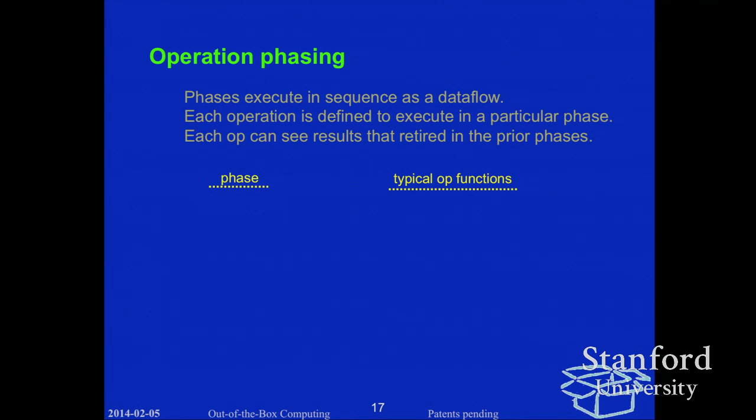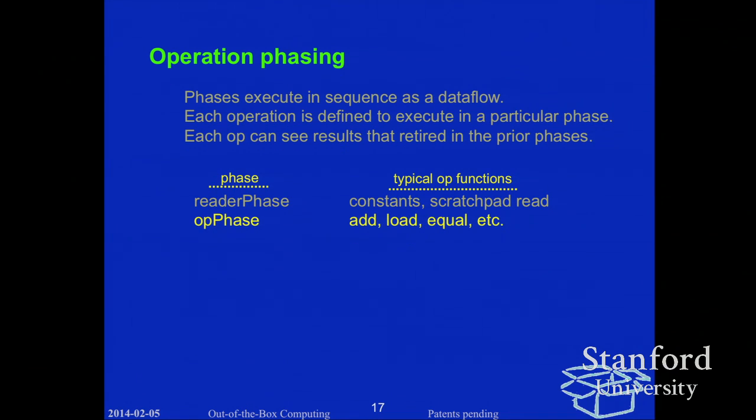Here are your phases. The reader phase handles those things which have no inputs: constants, values read from spec regs, from the scratch pad. Scratch pad we won't address, but it's a temporary storage area. Op phase is all your ordinary ops, your adds and subtracts and your loads and so on. So anything in op phase can see anything that was produced in reader phase. In particular, in our example here, add can see the result of const.